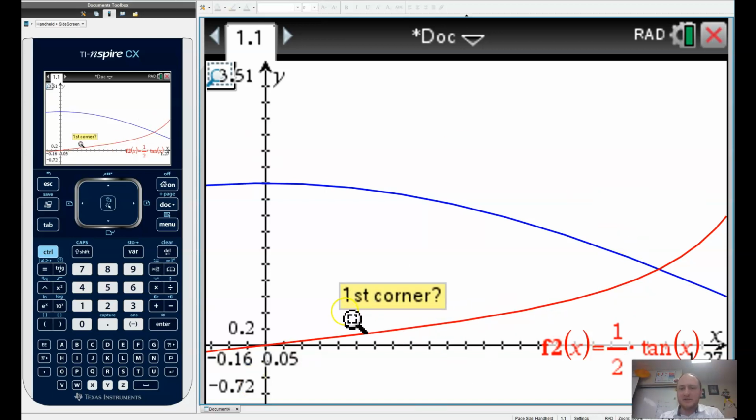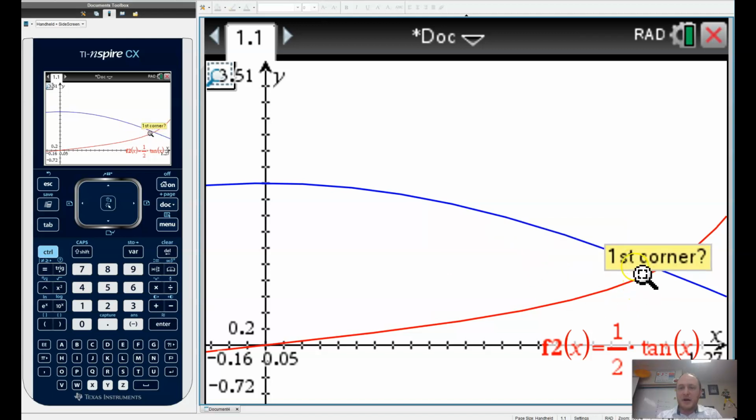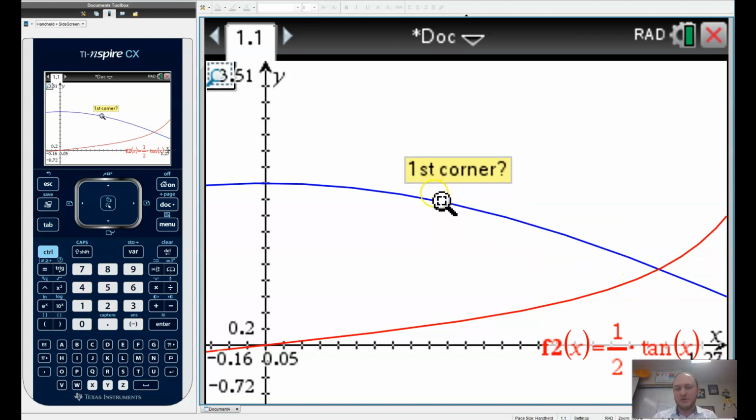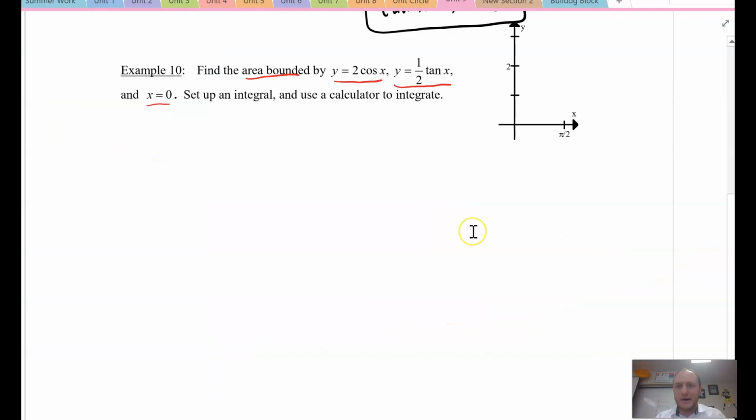And here is the region that we want to integrate, this area here. All right, and notice the top function, that is 2 cosine of x, and the bottom function is 1/2 tan of x. Okay, so let's go ahead. I'm going to just sketch these really quickly. I'm going to underline 2 cosine of x. That was in blue, right?